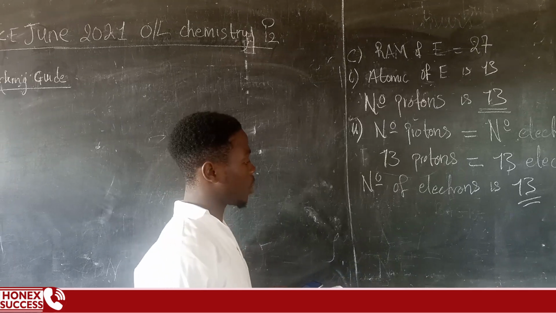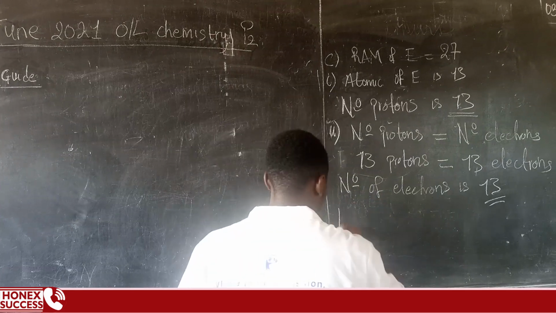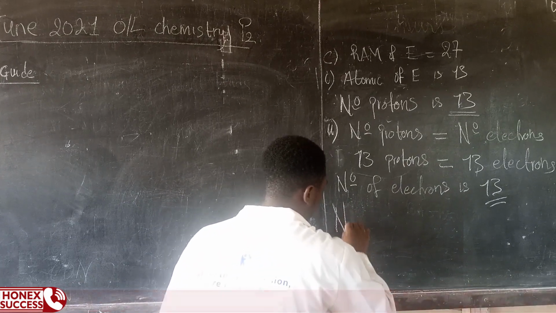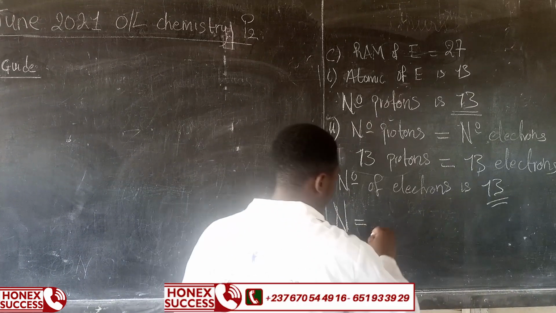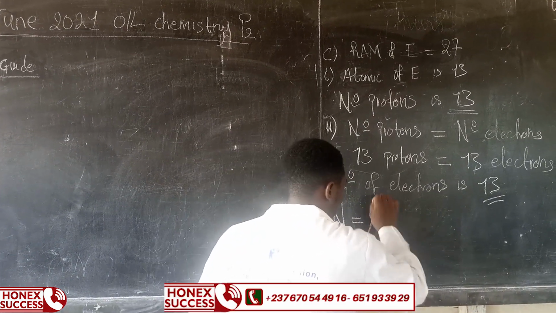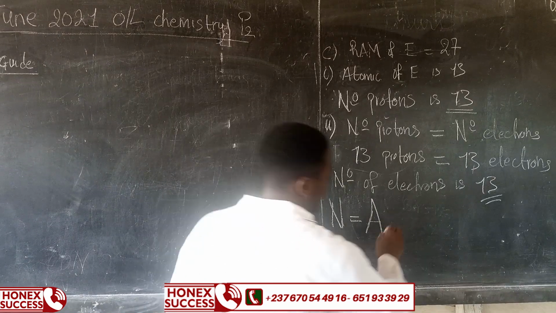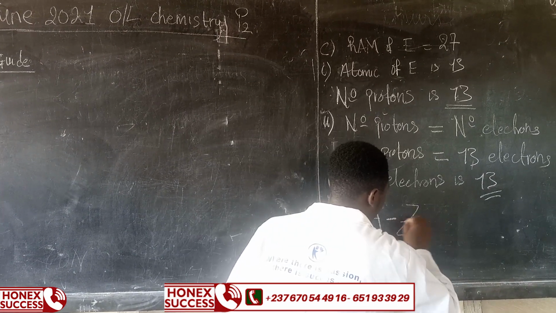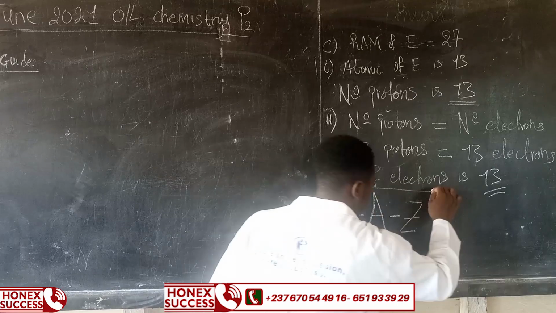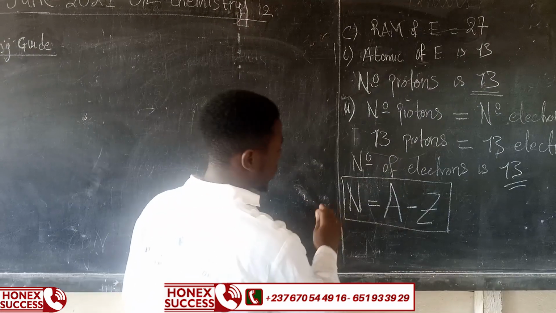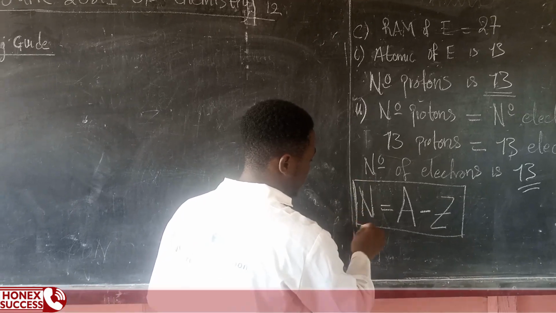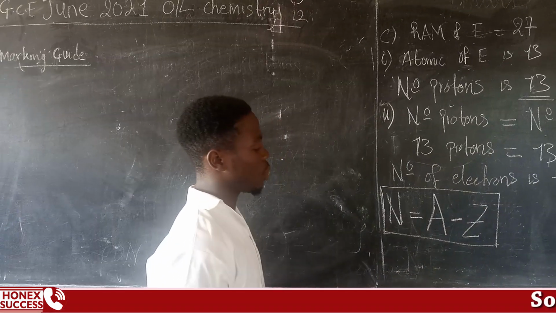The Roman 3, the number of neutrons. We were given a formula that we usually use to calculate the number of neutrons: the number of neutrons, denoted by capital N, is equal to the mass number minus the atomic number.